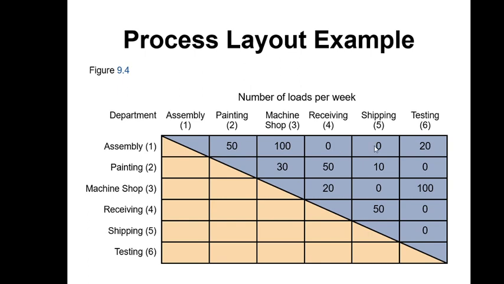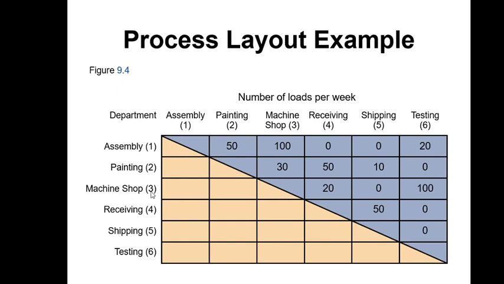From assembly to shipping also there are no loads, meaning no interaction between these two departments. And we have to move from the assembly to the testing department 20 loads weekly, and so on. From painting, for example, to machine shop, 30 loads, receiving 50 loads, shipping 10 loads, nothing for the testing.